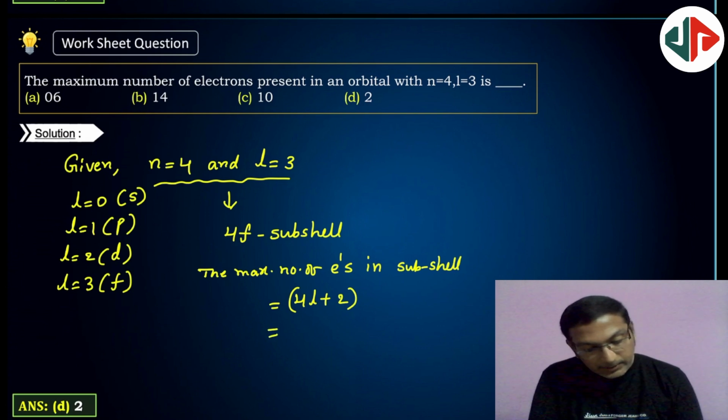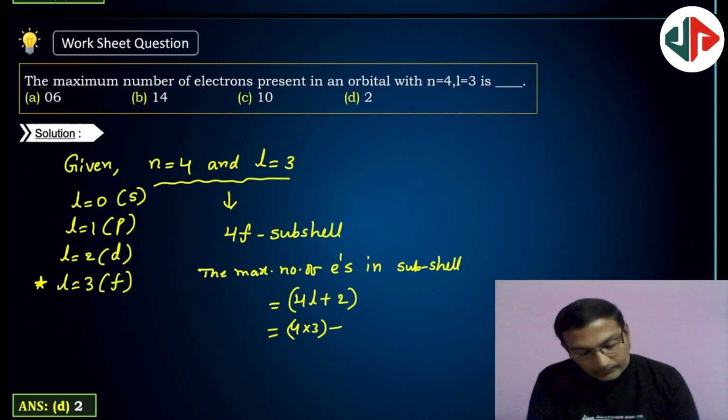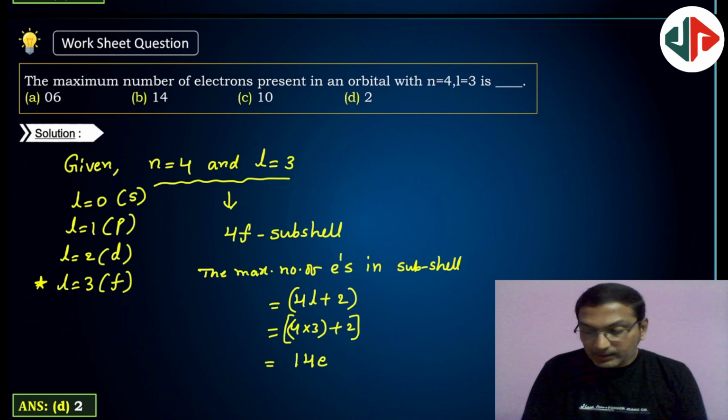Therefore, substitute L equal to 3 for F subshell. So 4 into 3 plus 2. Therefore, total 14 electrons. 14 electrons are possible. Option B.